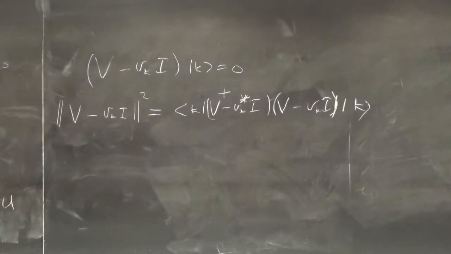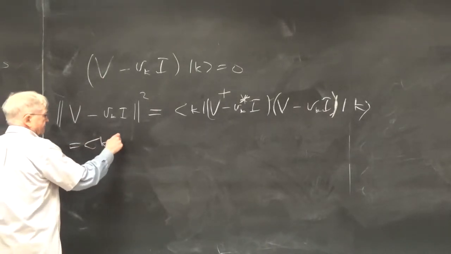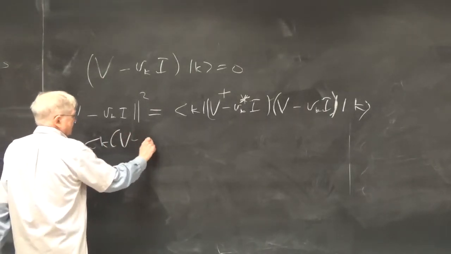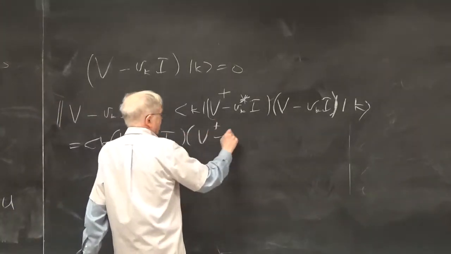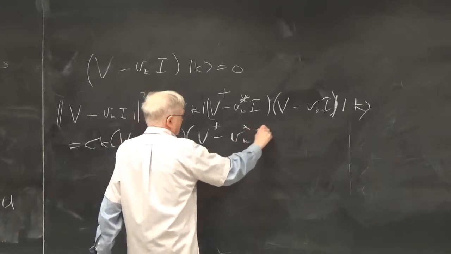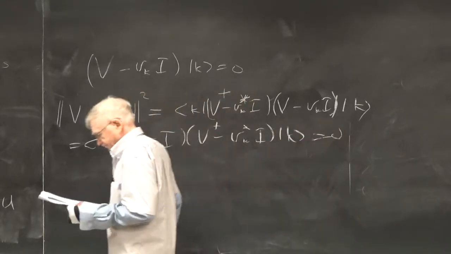And certainly the identity commutes with everything. So we can also write this as K dagger (V minus VK I) times (V dagger minus VK star I) K equals 0.